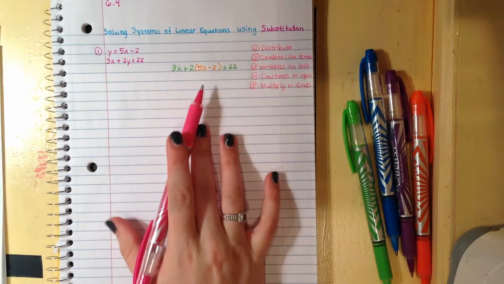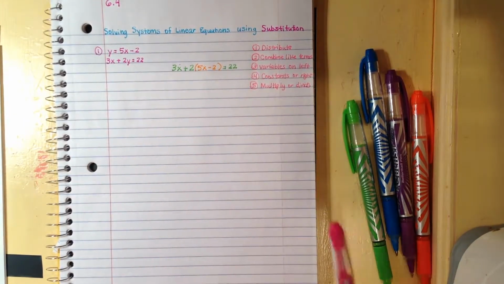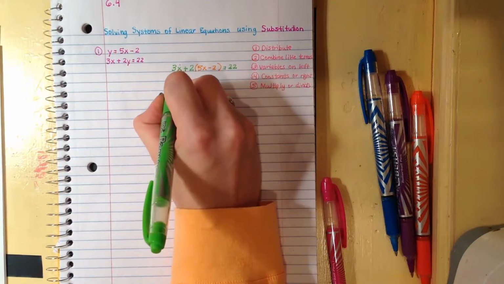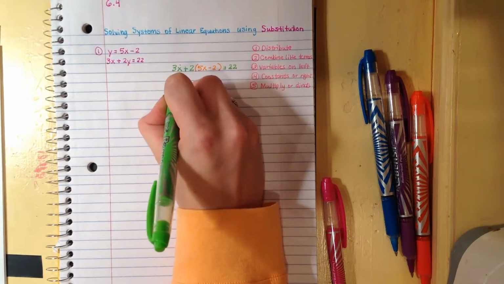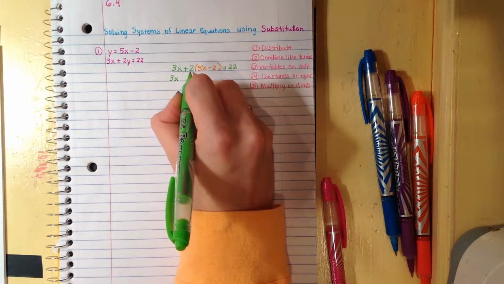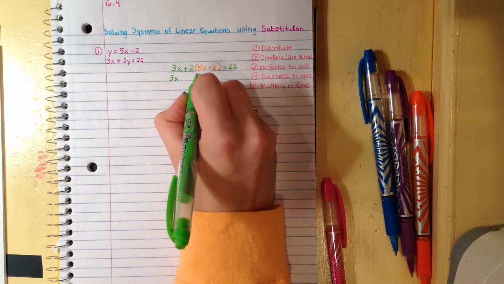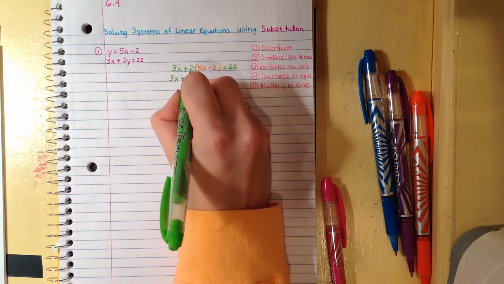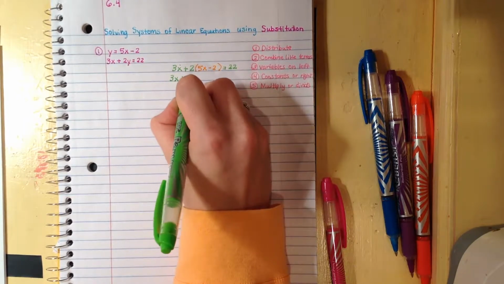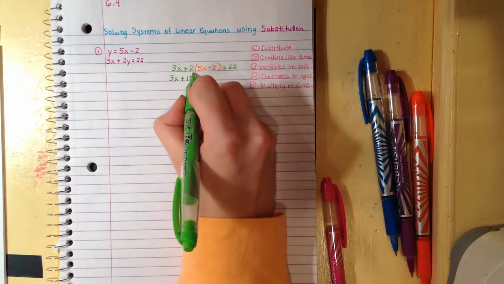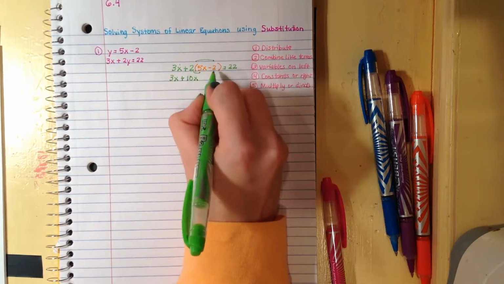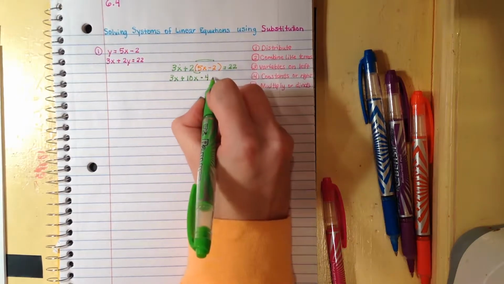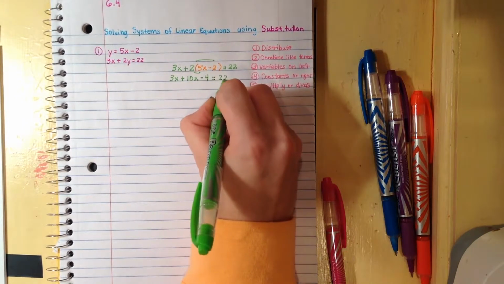Now when we look here, I know if at any time I have parentheses, then I'm always distributing. So I will go ahead and bring down my 3x. Now I distribute the number on the outside of the parentheses to every number inside of the parentheses. That's 3x plus 2 times 5x, which is 10x, and 2 times negative 2, which is a negative 4, equals 22.